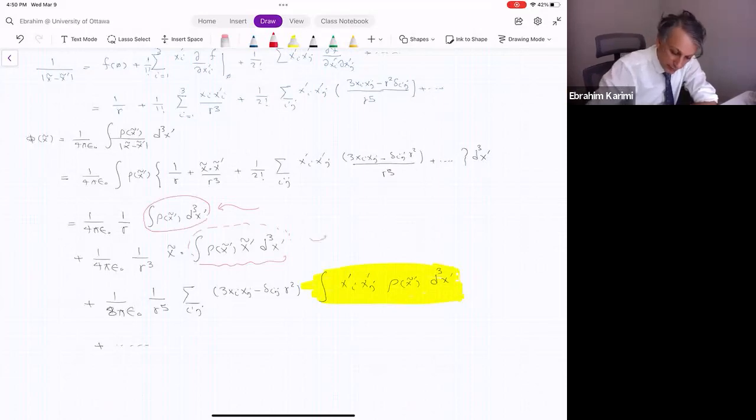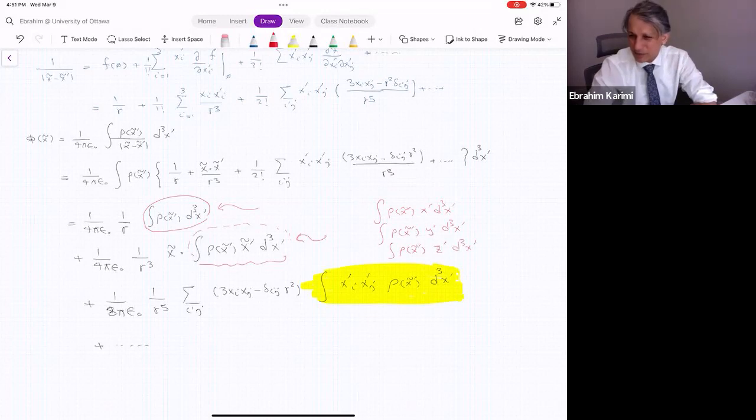What about this one? Let's write it down. It is the integral of rho of x prime x prime d3 x prime, or the integral of rho of x prime y prime d3 x prime, or the integral of rho of x prime z prime d3 x prime. I wrote it in terms of x prime, y prime, and z prime in such a way that you can understand it better.